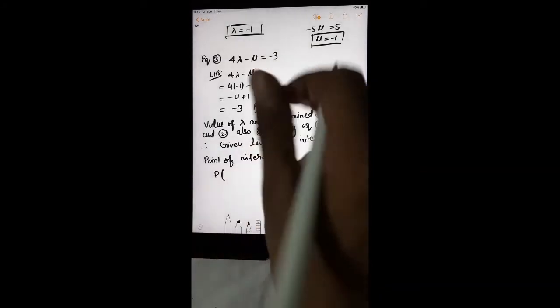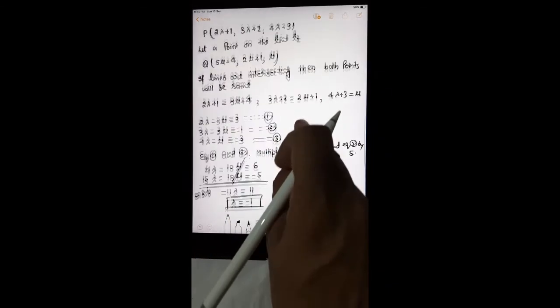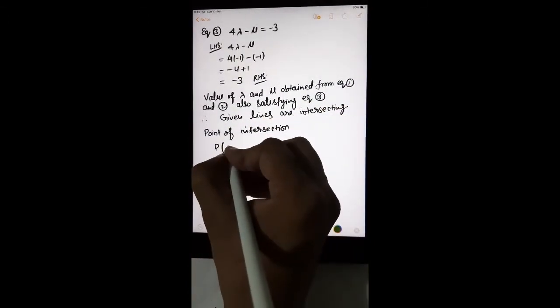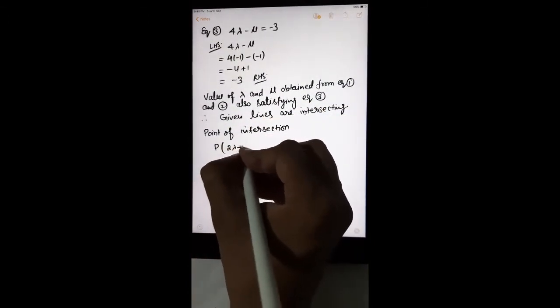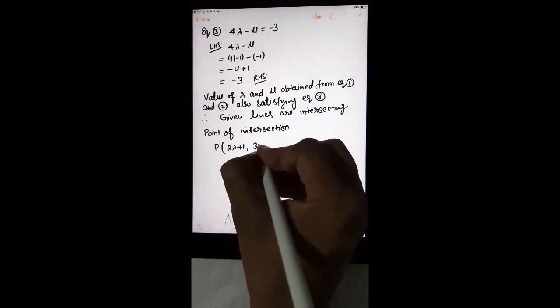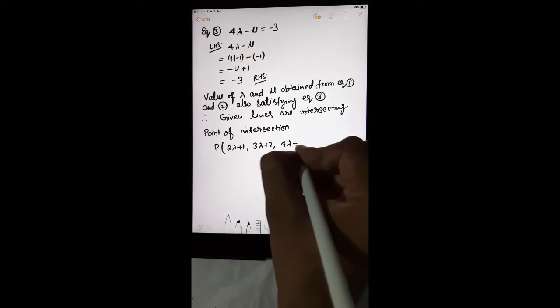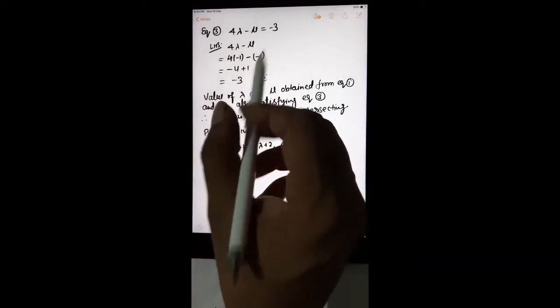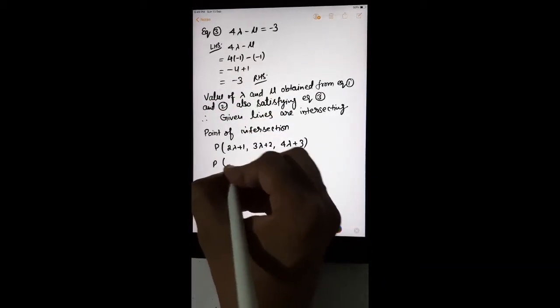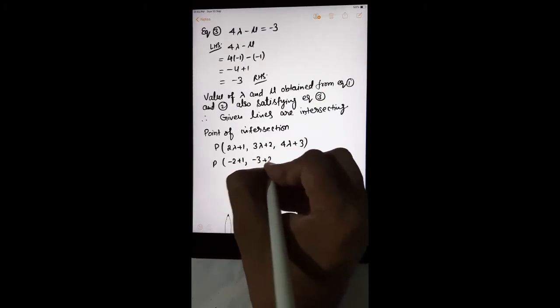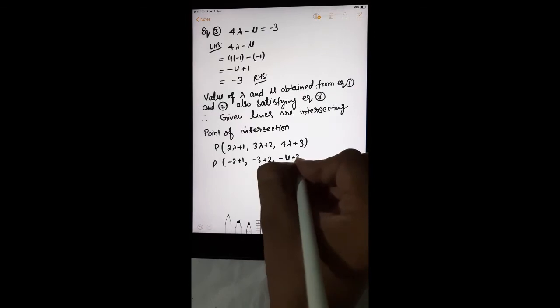The coordinates of P were 2 lambda plus 1, 3 lambda plus 2 and 4 lambda plus 3, and the value of lambda is minus 1, so the coordinates will be minus 2 plus 1, minus 3 plus 2, minus 4 plus 3.